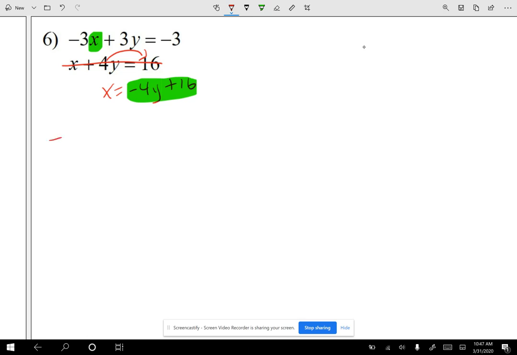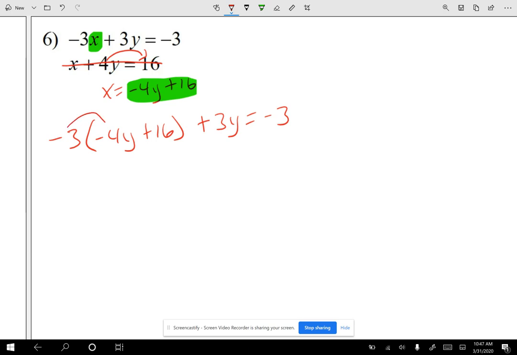So let me rewrite this with a negative 3, open parentheses, negative 4y plus 16, plus 3y equals negative 3. Notice I replaced negative 4y plus 16 for x, and I put it inside parentheses as well.